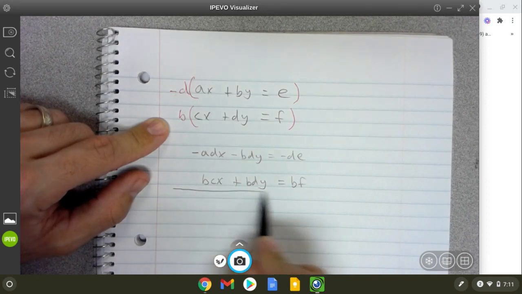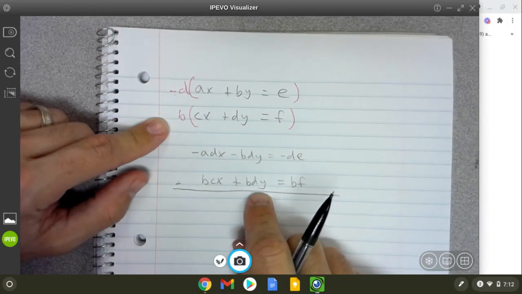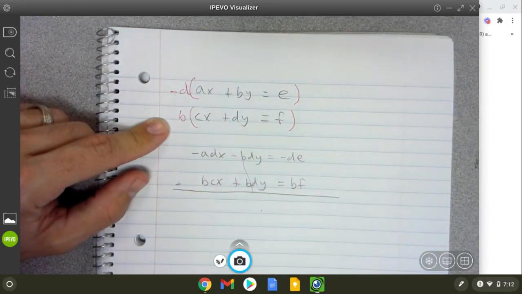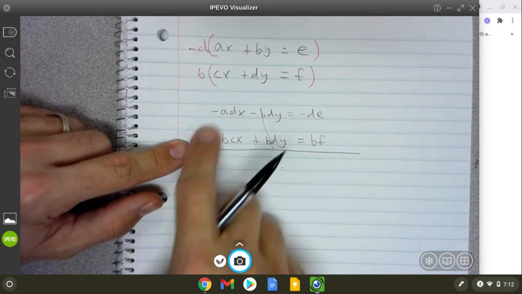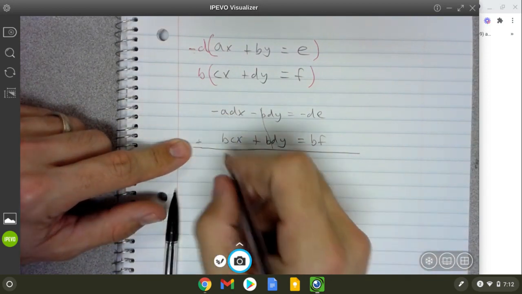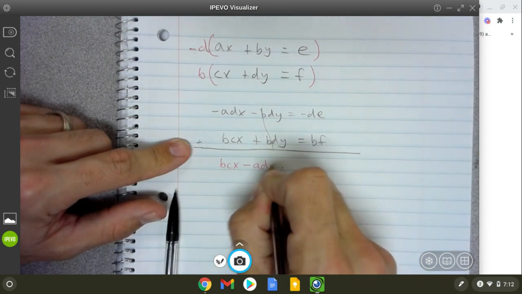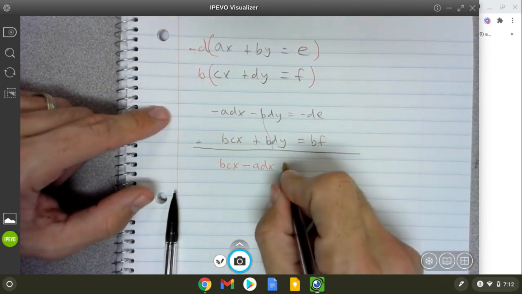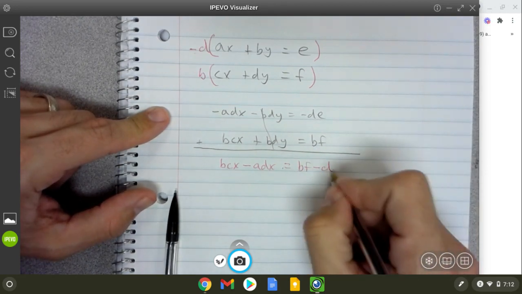Now we're going to add these equations so that these y terms will cancel out for us. What that's going to leave us with is BCX minus ADX, because we're adding the two equations, equals BF minus DE.